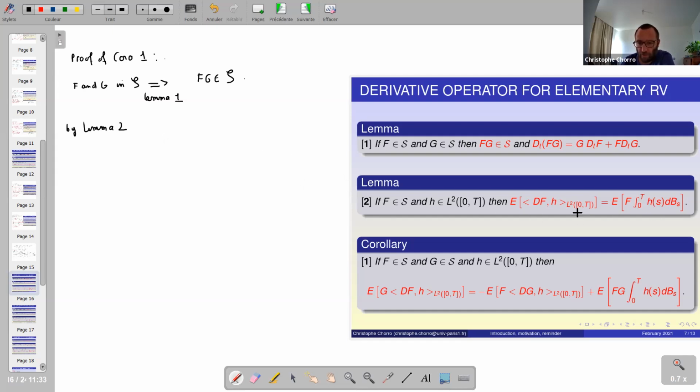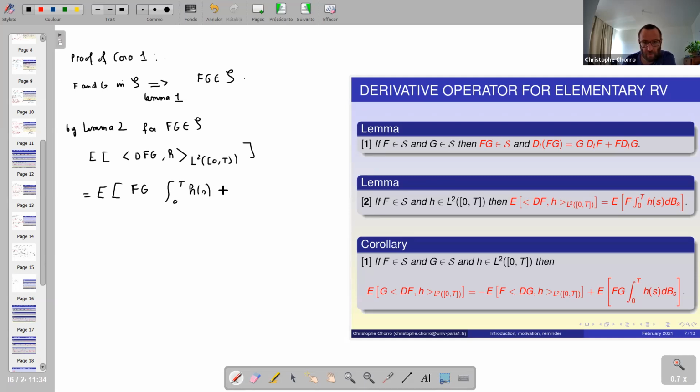So if I apply the lemma 2 that I admit for the moment, for the element f times j that is in S, I have the expectation of the scalar product between D of fj and h in L2 of 0 to capital T, that is equal, according to this formula, by lemma 2 for fj belonging to S, to the expectation of fj multiplied by the integral between 0 and T of h(s) dBs.